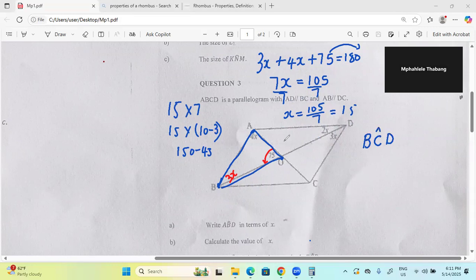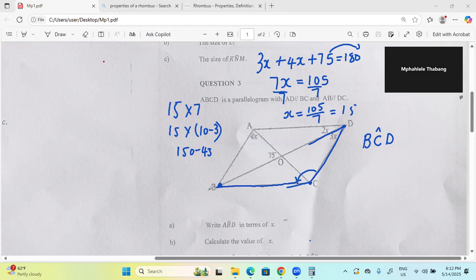Let me erase all this other stuff. So it is B, C, D. He's looking for this angle here, the magnitude of this angle.